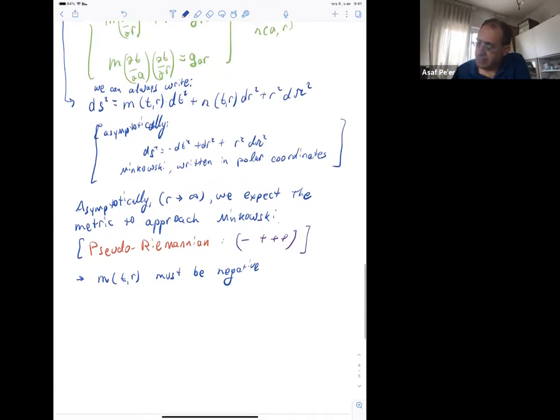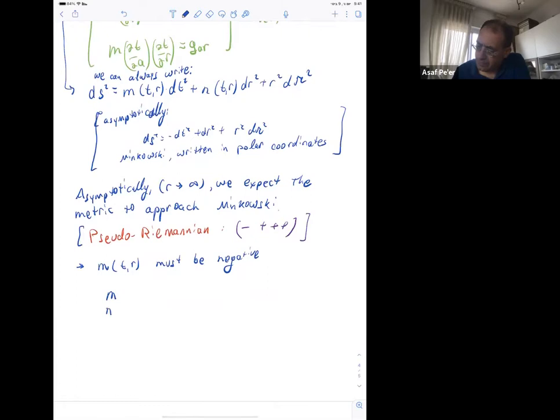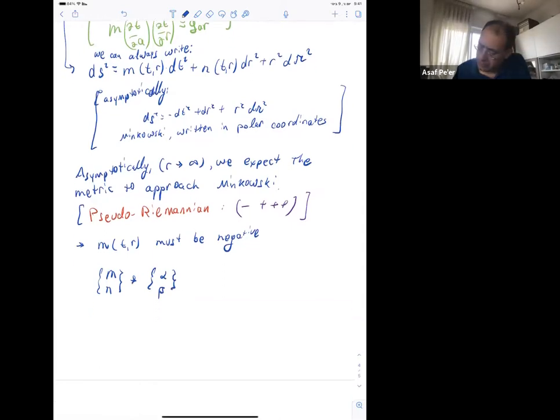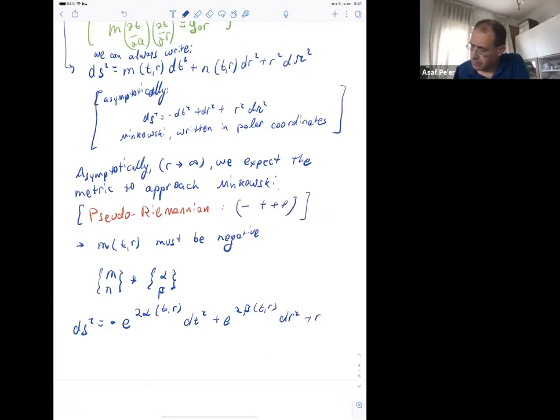So rather than M and N, we can replace them with new functions, which we call alpha and beta, such that we write ds squared is minus e to the power 2 alpha of T and R, dt squared, plus e to the power 2 beta, again of T and R, dr squared, plus r squared d omega squared.